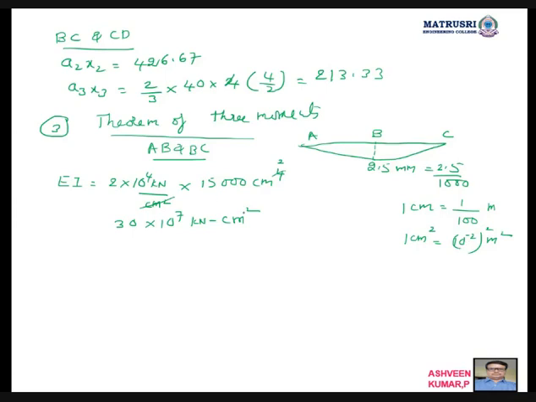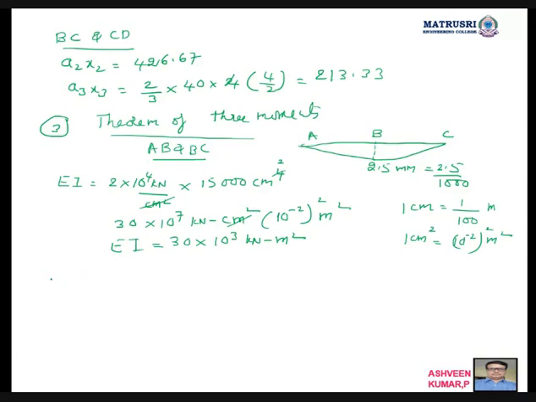So if I want to convert this into meter, 10 power minus 4 with 10 power 7 gives 30 into 10 to the power of 3 kilonewton meter square. So you should remember to substitute EI is equal to this one.